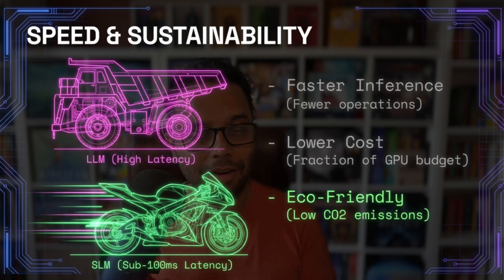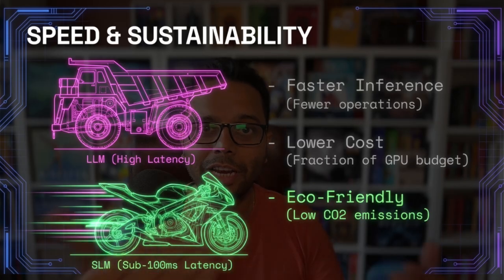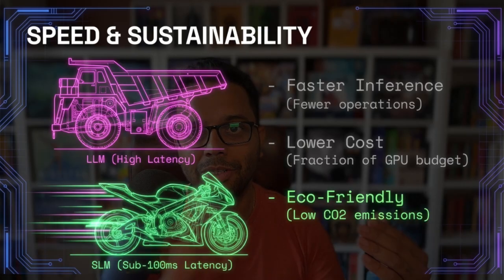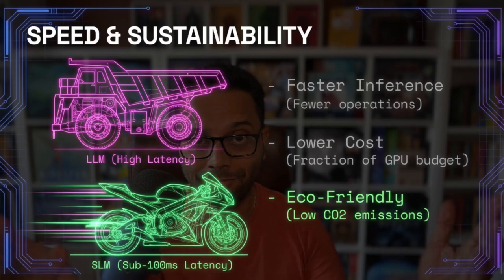Lower cost, a fraction of the GPU budget, and we spoke about it. Sometimes you can actually have some small language models downloaded into your browser itself and keep them in your browser cache, and anytime you're doing any browser action, you can take the benefits of those small language models. And sometimes they're brilliant.